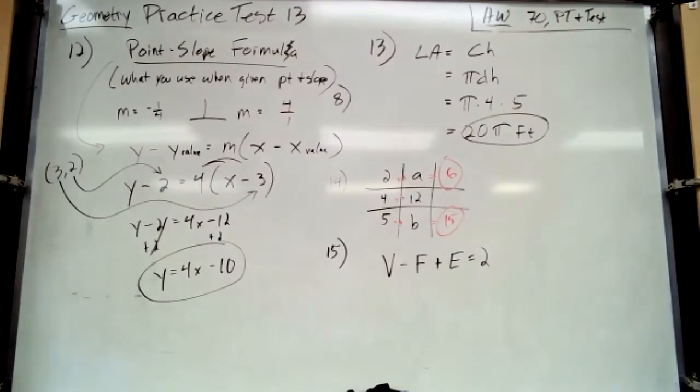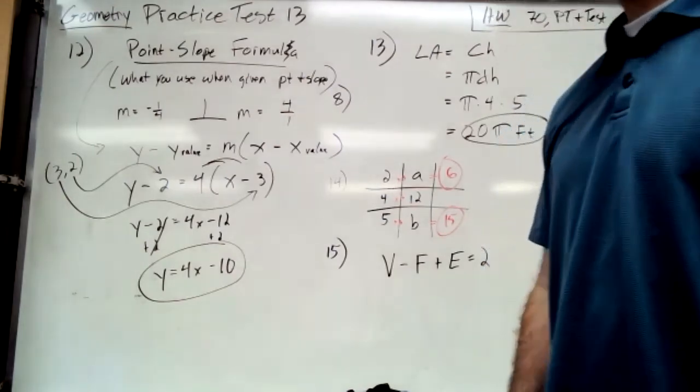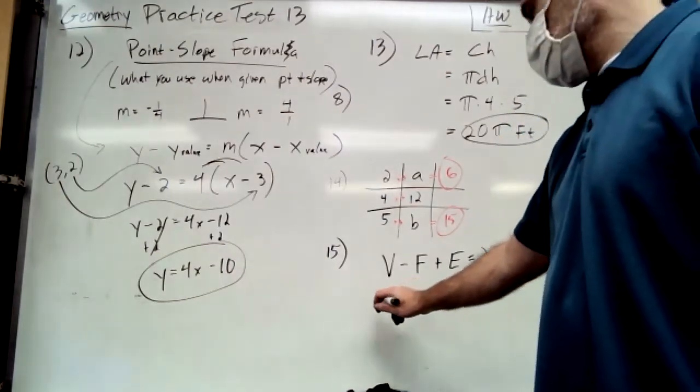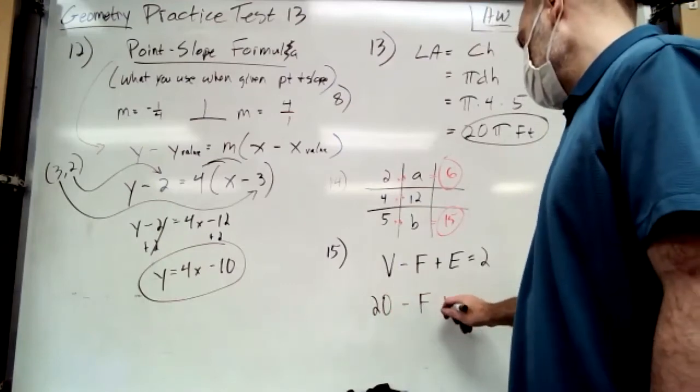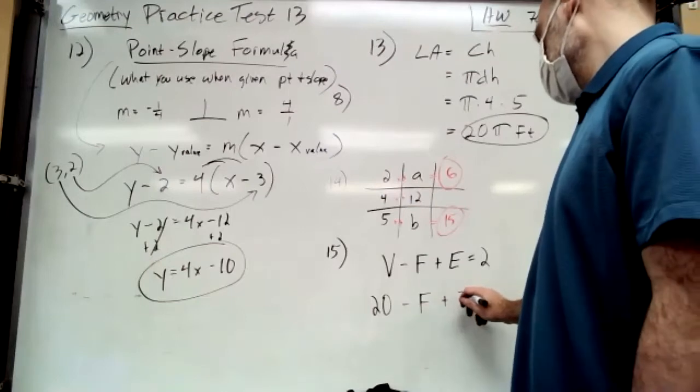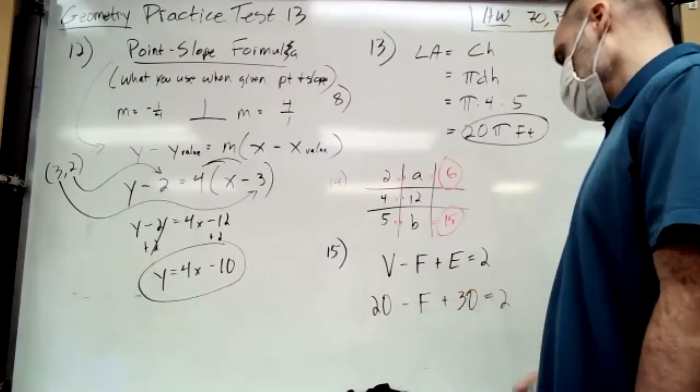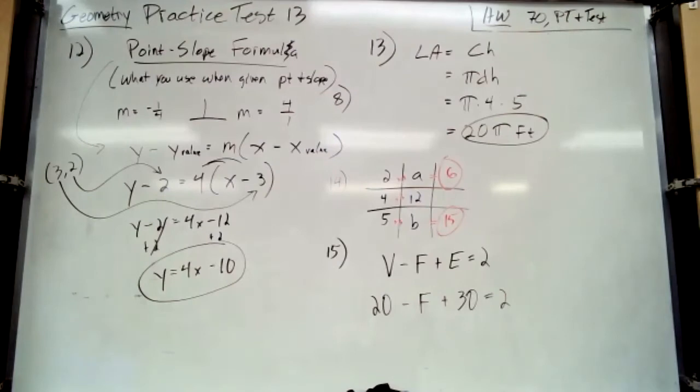Euler's formula. What is it? It's e to the i pi plus 1 equals 0.